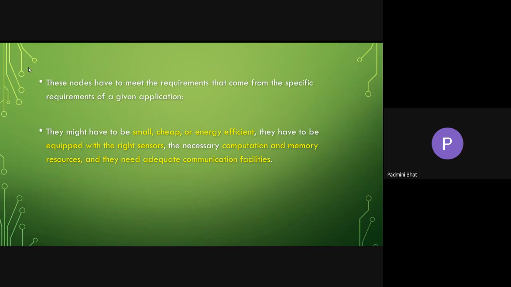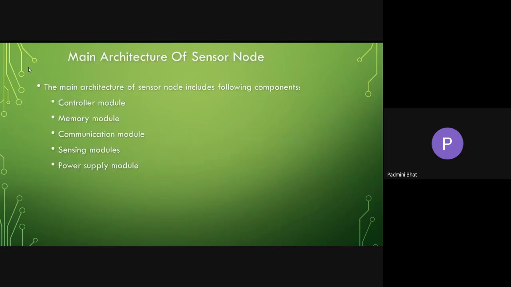They might have to be small, cheap, or energy efficient. They have to be equipped with the right sensors, the necessary computation and memory resources, and adequate communication facility. So these are the requirements.